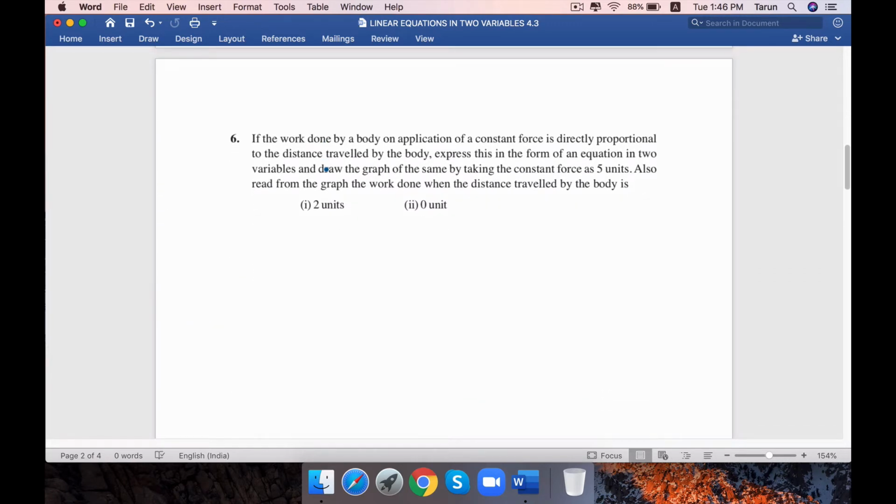Okay, so when we read the question, it is a relationship between the proportionality of the force applied and the distance traveled. We can simply say let the distance we travel be x and y be the force we apply.